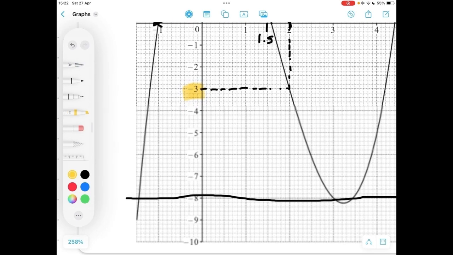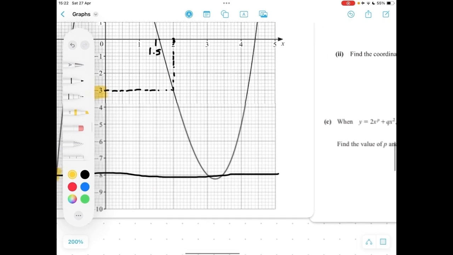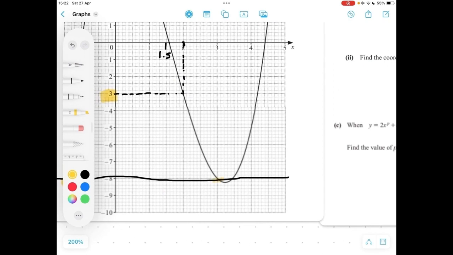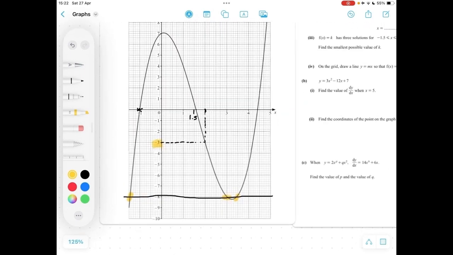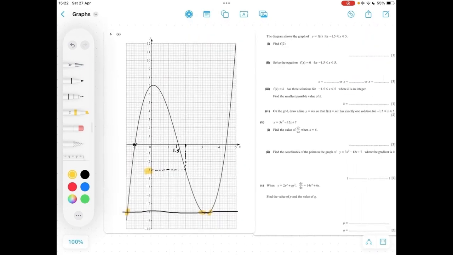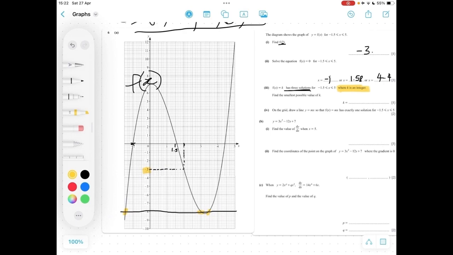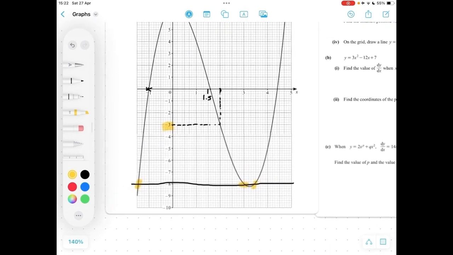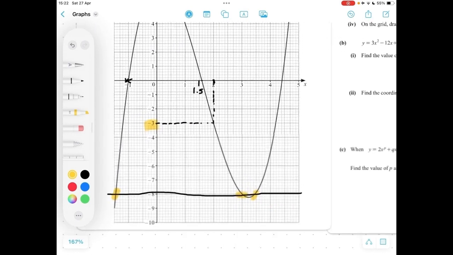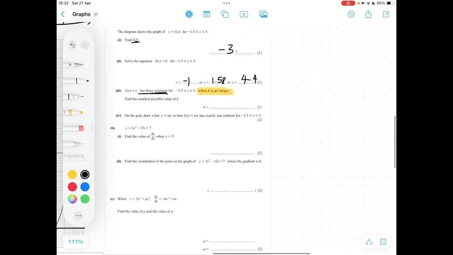Once over here, and once here, and once over here. You can see that's 3 intersections, therefore there are 3 solutions. And that's the smallest possible value, since k is an integer. So therefore the answer is -8.